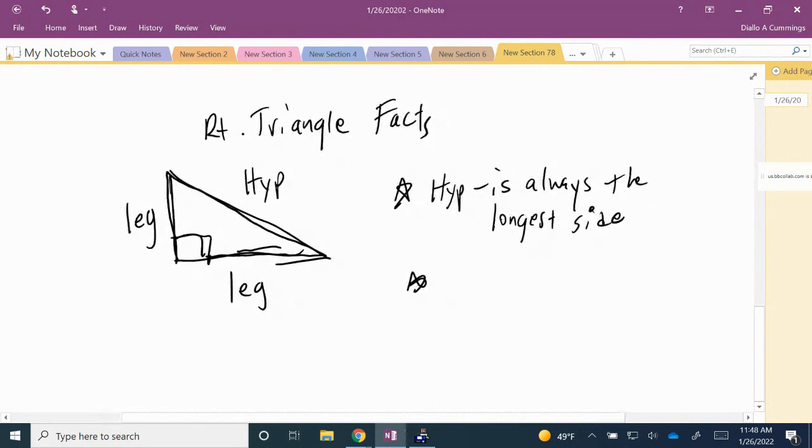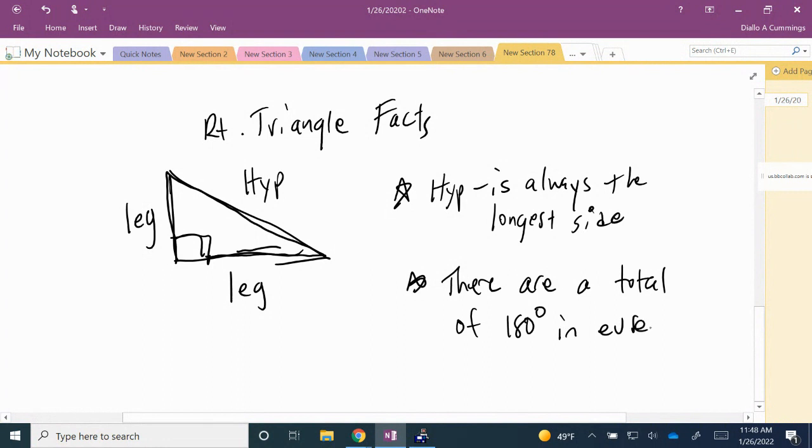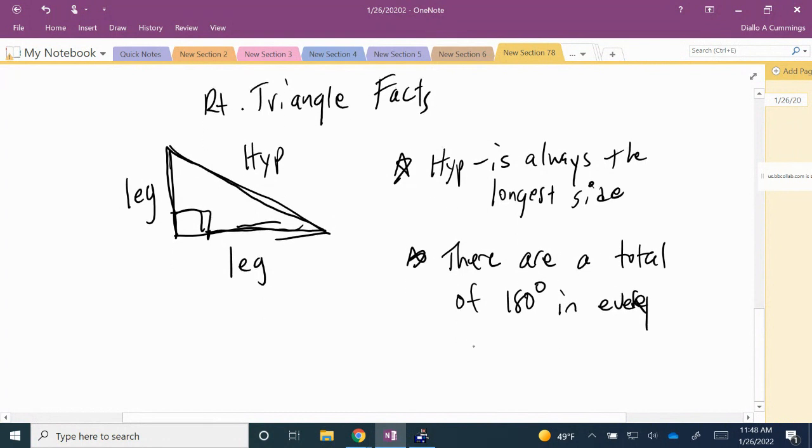Another thing, and this is true for any triangle: there are a total of 180 degrees in every triangle. That means that the sum of the interior angles for any triangle must be 180 degrees.